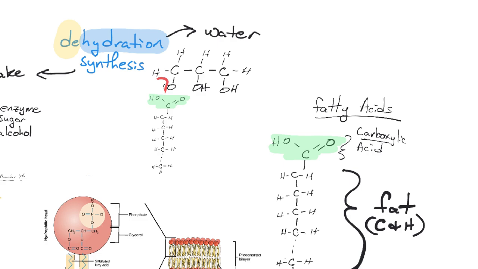So this OH and this H is gone, correct? There's an oxygen left. This OH is gone. So now we're left with this carbon with something missing, and an oxygen, there's something missing.